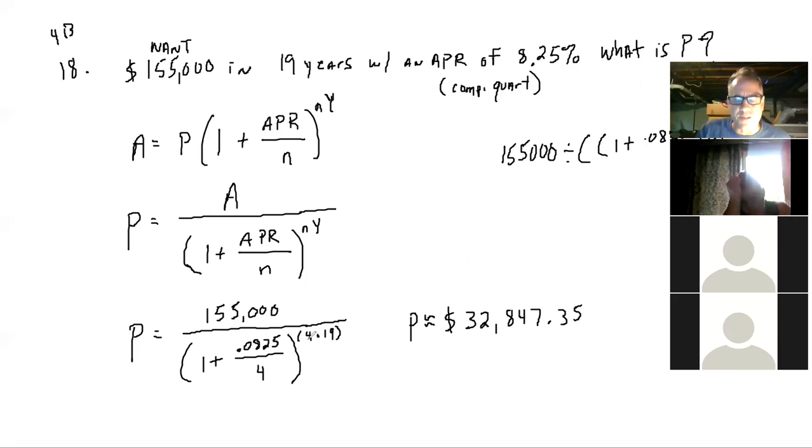I've got two things here being multiplied, so I hit a parenthesis. This is what you couldn't see. Then I close that parenthesis so that it's only raising this to the power of 4 times 19. Then I close out one more parenthesis. Those are my pairs, and that is what I typed into the calculator for this problem.